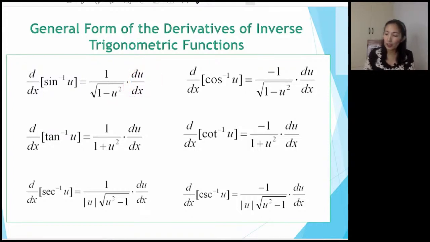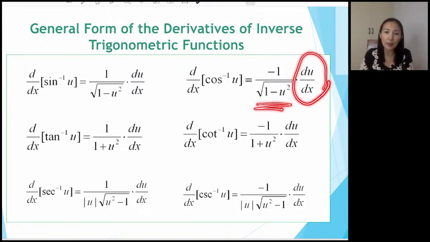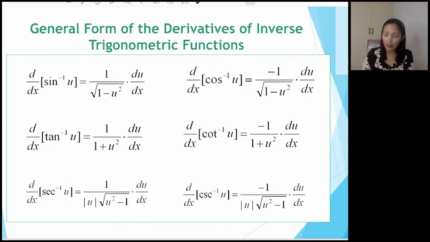So in like manner, if the argument of cosine is no longer x but a differentiable function represented by u, then the derivative of arc cosine u is equal to negative 1 over the square root of 1 minus u squared times the derivative of u with respect to x.